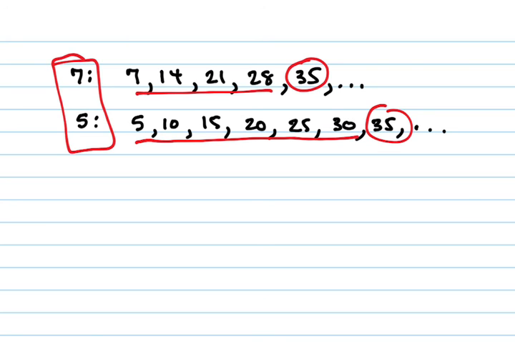And that is a pattern. So in this case, 7 and 5, the first common multiple for 7 and 5 was found by multiplying them together. Why is 7 and 5 like that, do you think?